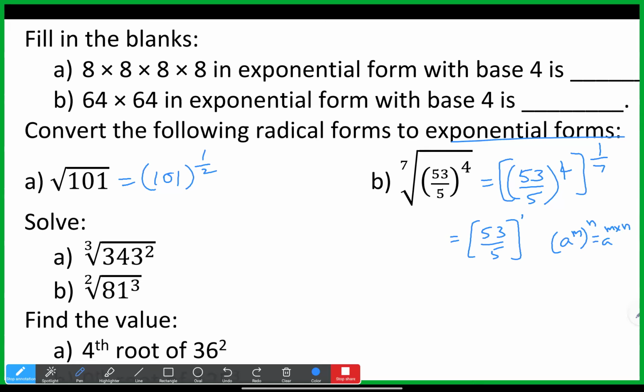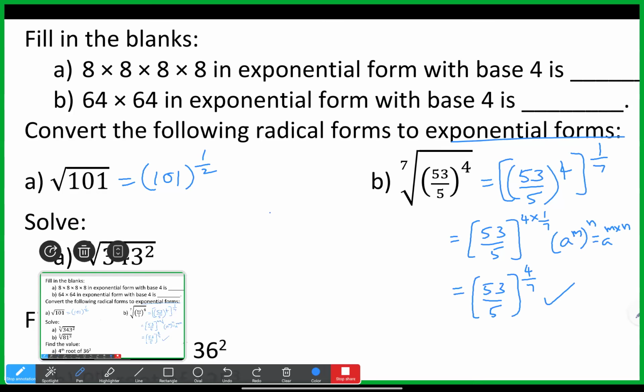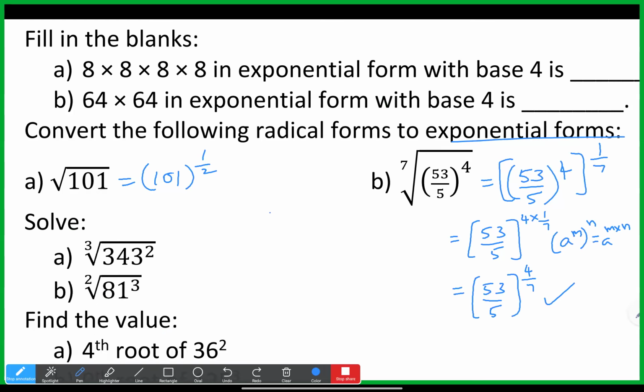So 53 by 5 whole power 4 into 1 by 7. Any doubt, Ishwa? Once check. We cannot do anything further, because 53 and 5 we cannot cut, and we cannot prime factorize anything to solve further. They asked for exponential form, so we wrote it as exponents finally.